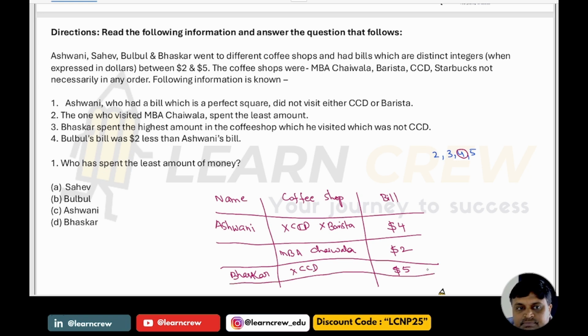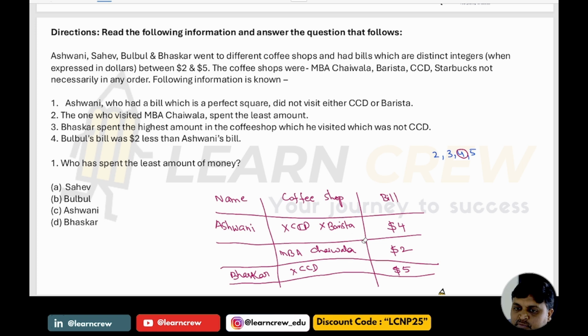Next, one more person who is left is Sahib. Sahib and Bulbul. Bulbul's bill was $2 less than Ashwani's bill. Ashwani's bill is $4.